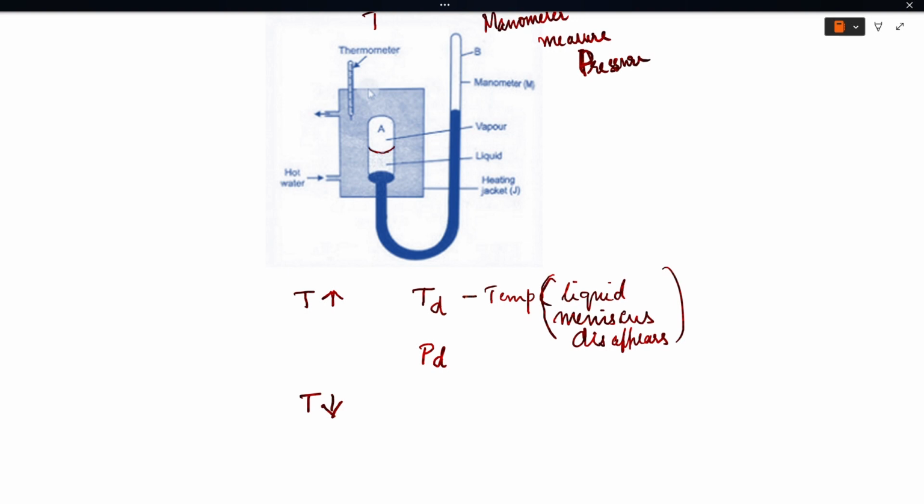Now I am going to bring down the temperature slowly, and at a particular temperature you can find the liquid meniscus reappearing. So that temperature is noted as TA, which shows that the meniscus reappears. Now the corresponding pressure is measured, let that be PA.